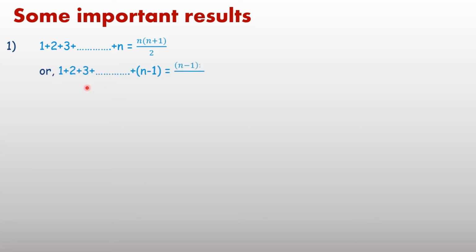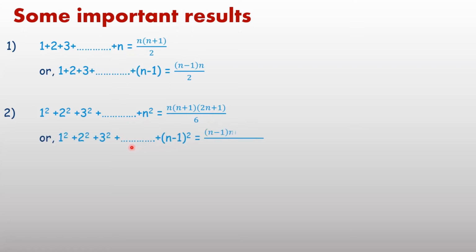Or if I ask for the sum of n minus 1 natural numbers, then in place of n write n minus 1: (n-1)n/2. Similarly, the sum of squares of the first n natural numbers is n(n+1)(2n+1)/6. Or the sum of squares of n minus 1 natural numbers we can write as (n-1)n(2n-1)/6, because in place of n we put n minus 1, so n-1+1 is n, and 2n-2+1 is 2n-1, upon 6.